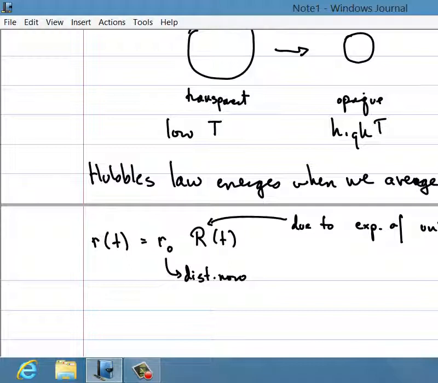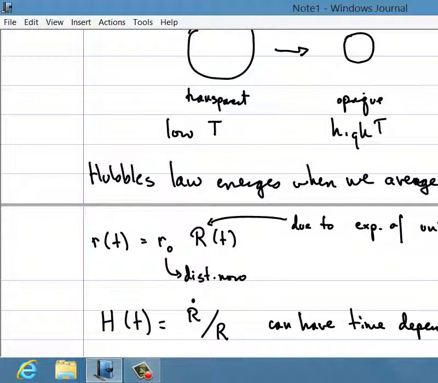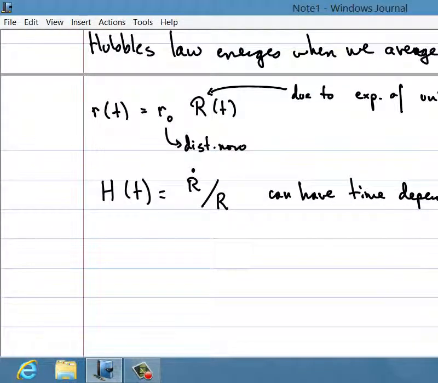And this, of course, is true in the approximation where I neglect things like small changes in the velocity of a galaxy due to how it orbits around the center of a cluster of galaxies or something like that. And the Hubble parameter, H, is R dot over R, where dot denotes time derivative. And indeed, that can have some time dependence, depending on the form for big R of t.